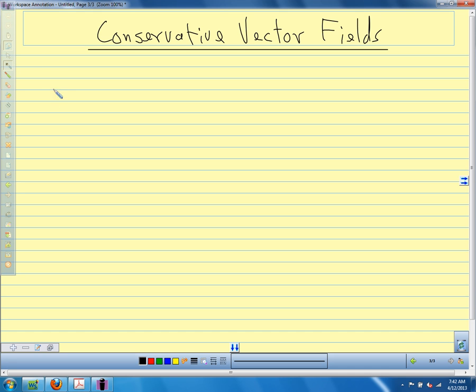So our definition of a conservative vector field: if our vector field F is the gradient of some scalar function f, so f has to be differentiable, then we call our vector field conservative.